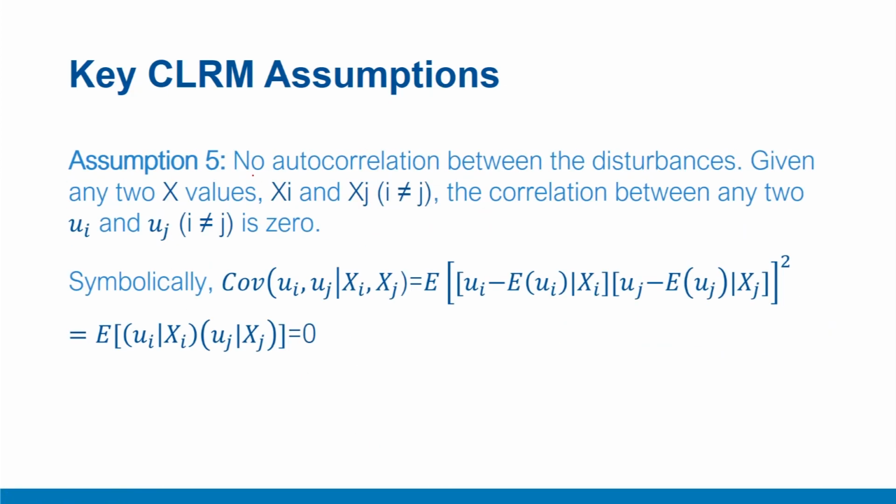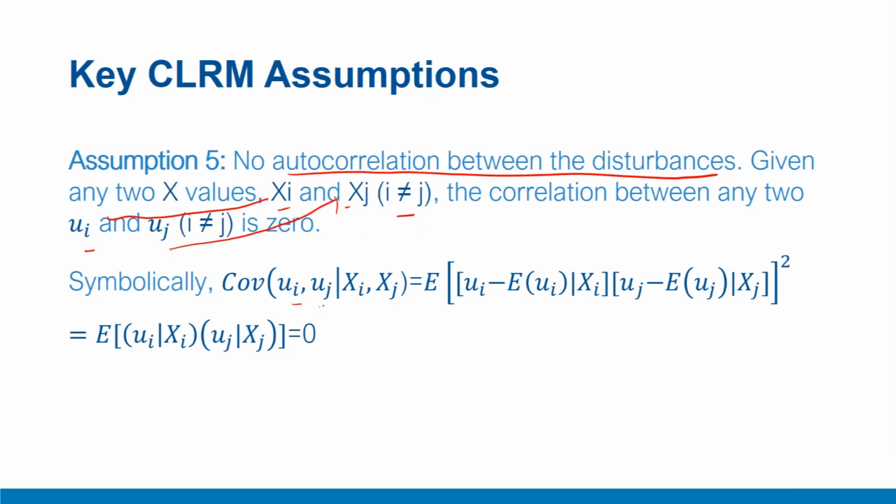Another very important assumption, assumption number 5, is no autocorrelation between the disturbances or error terms. So for any two values xi and xj where i is not equal to j, the correlation between mu i, which corresponds to xi, and mu j, which corresponds to xj, should be 0.